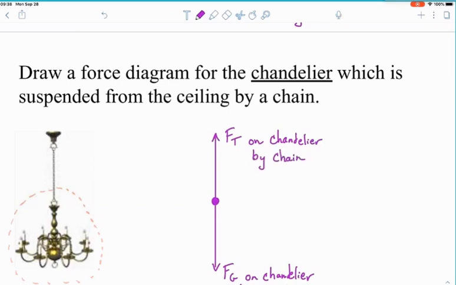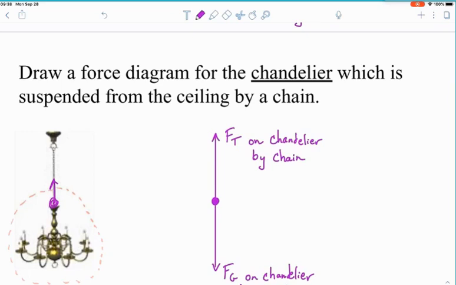Now, I'm specifically going to say it's the chain pulling up on it because that's what's attached to the chandelier. The ceiling is not actually pulling on my chandelier. The ceiling is pulling on the chain, which is pulling on my chandelier.